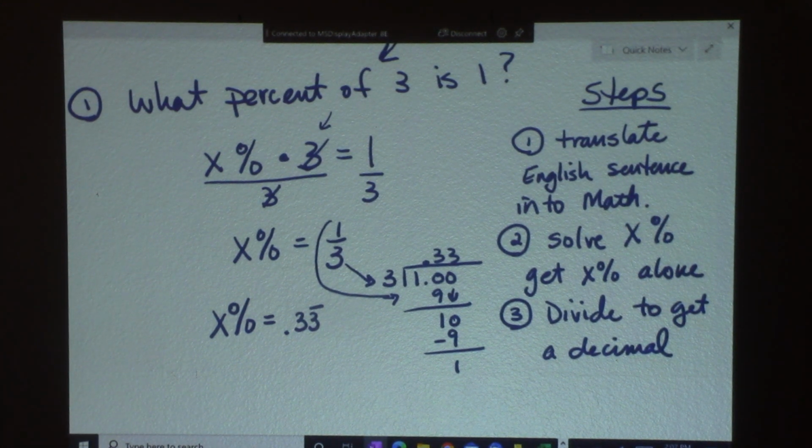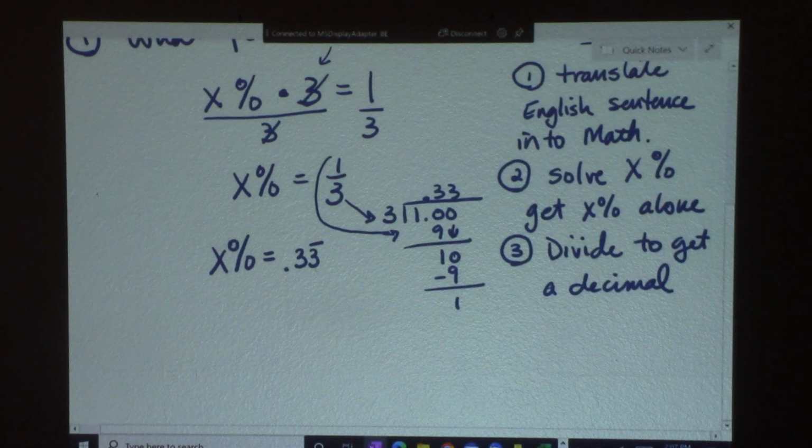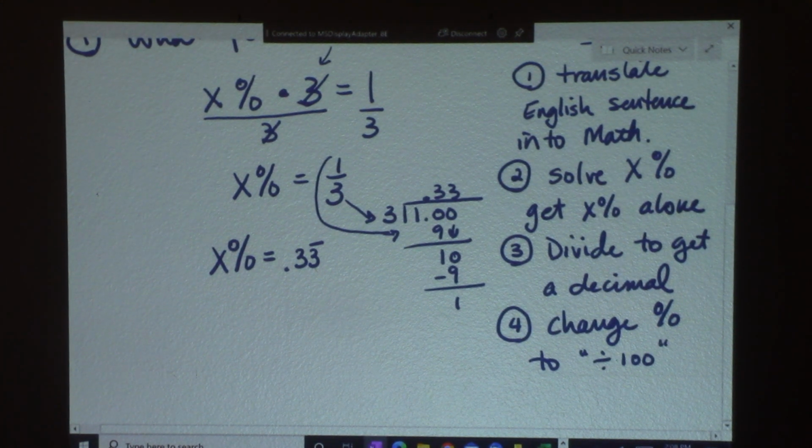We're always building. Okay, now I want to tell you what something means, and by writing it down as a step. The next thing I'm going to do is change the percent to dividing by 100. Okay?